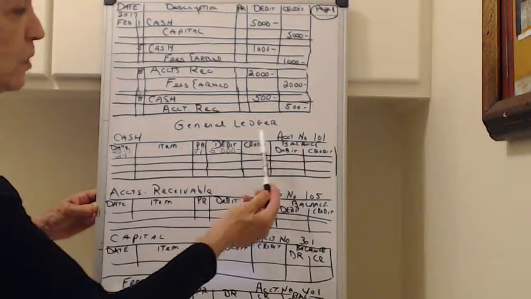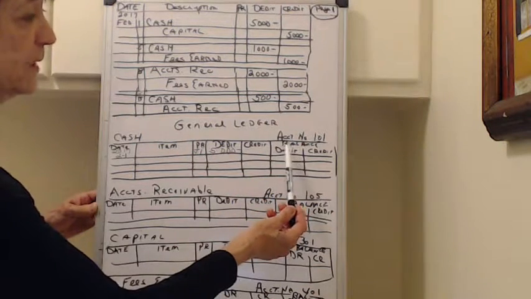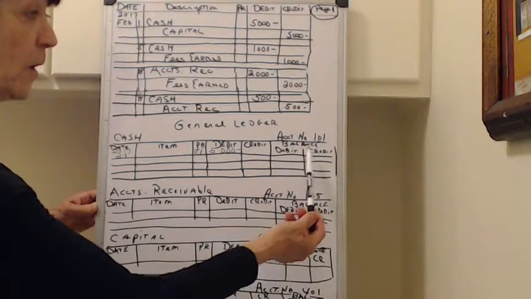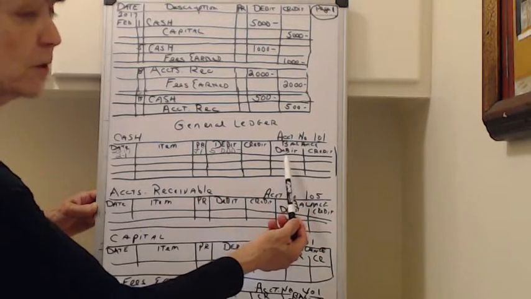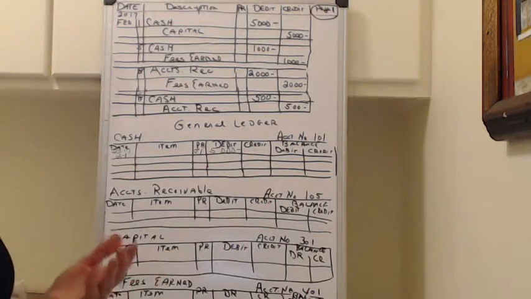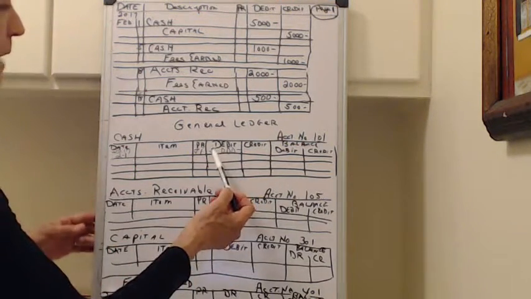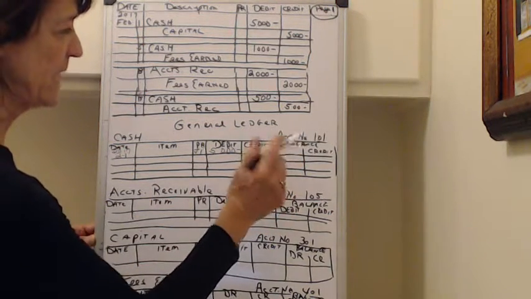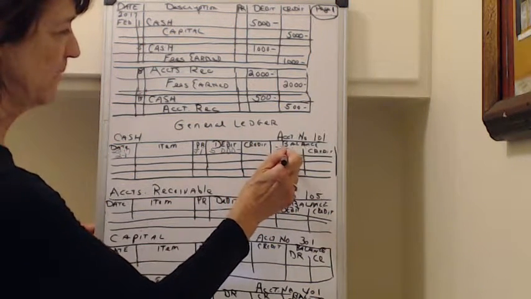Now, if you look over to the right, you'll see we have a balance column. We have a debit or a credit balance. So it's asking you, what is your current balance right now? Well, we currently have a debit balance. So I'm going to take the $5,000 and I'm going to write it in the debit column, $5,000.